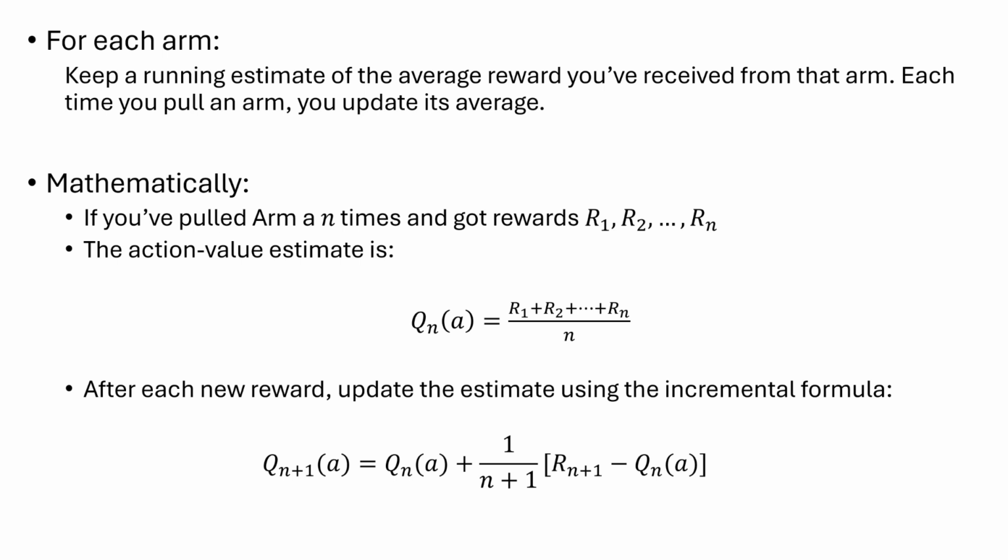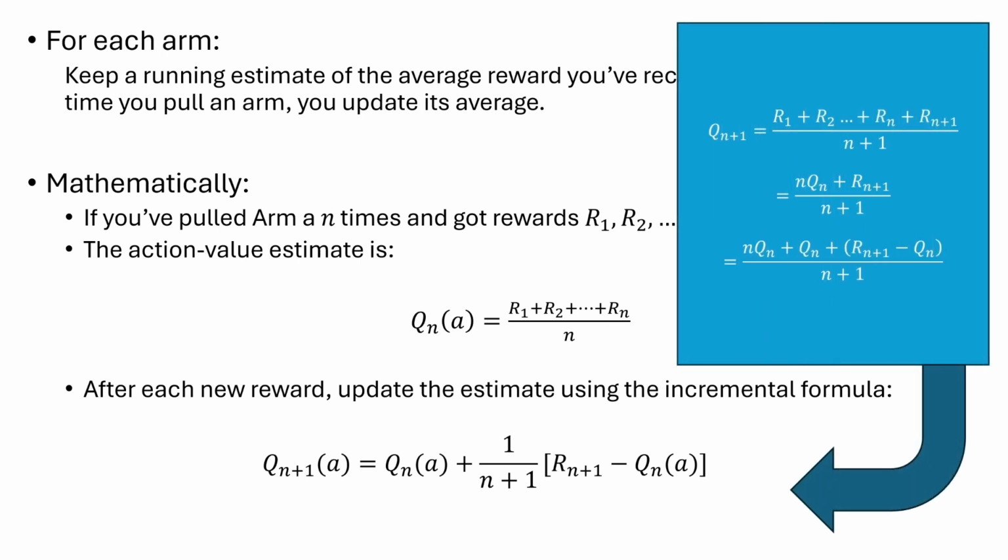The next time you play it, you get the next estimate Qn+1, which is the previous estimate Qn plus 1 divided by n plus 1 times the new reward minus the old estimate, which is Qn of a. We get this formula from these steps.